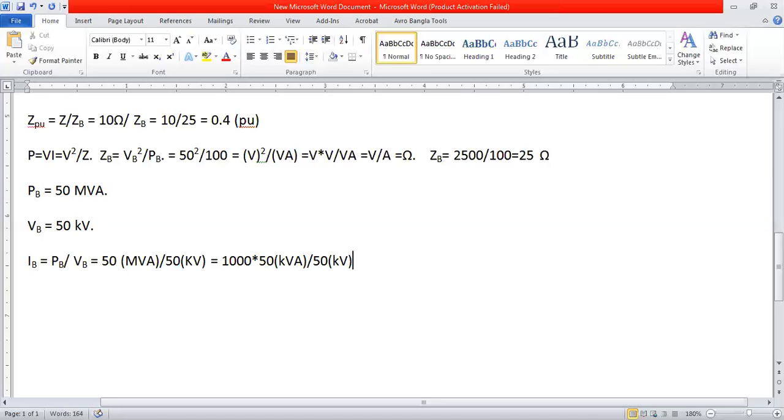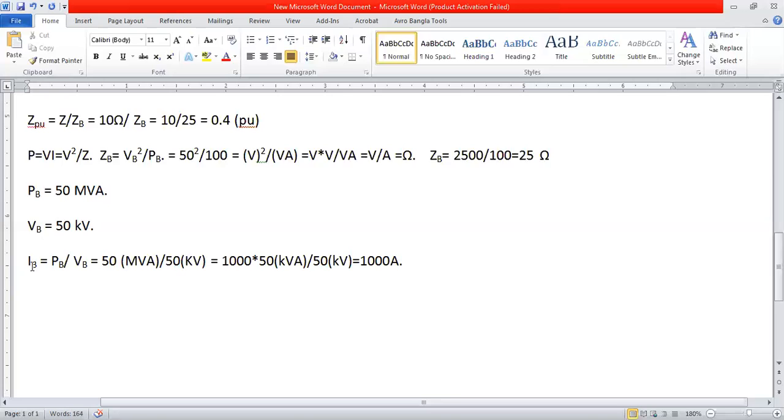Now the kilovolt is eliminated, and finally we will find this is 1000 ampere. So 1000 ampere is the current base.